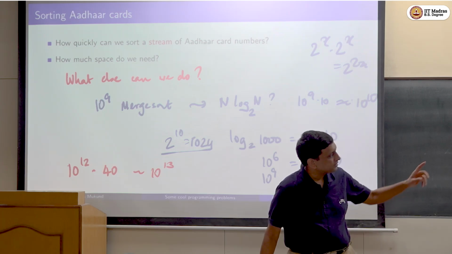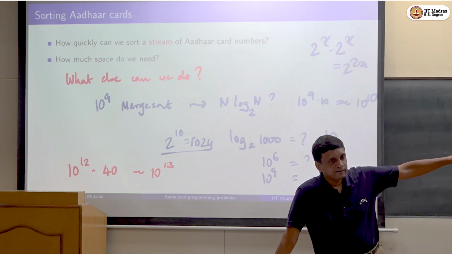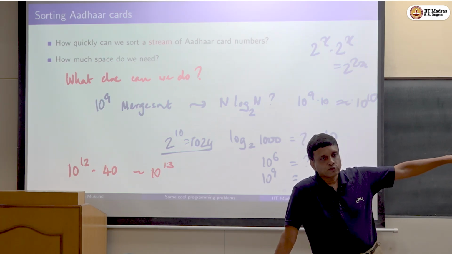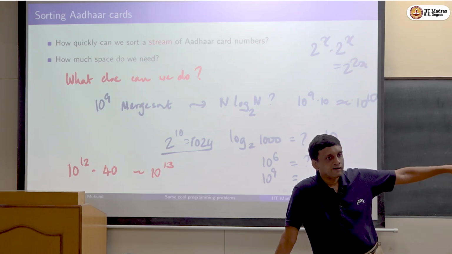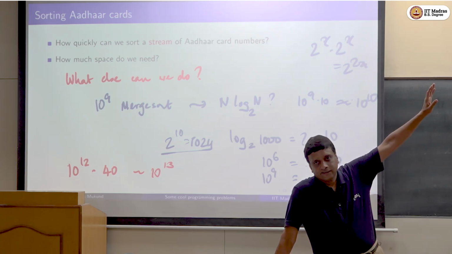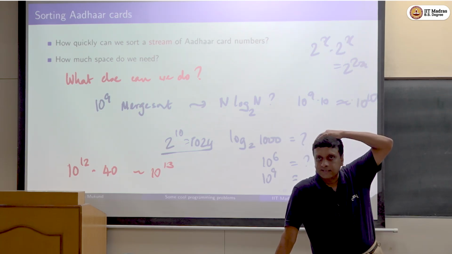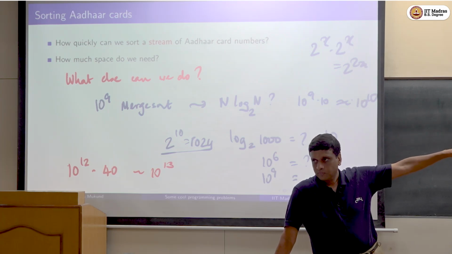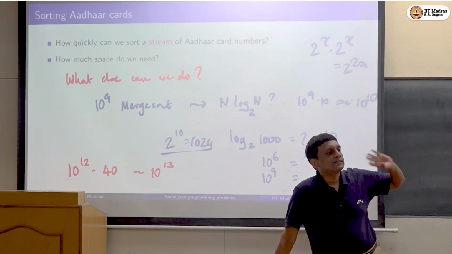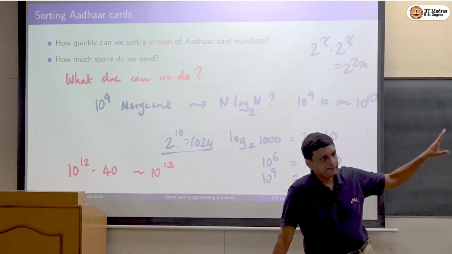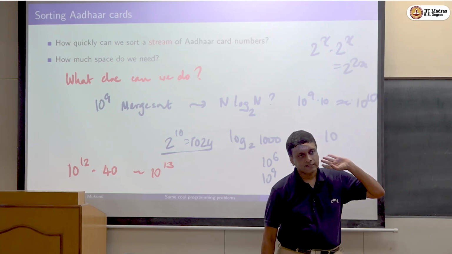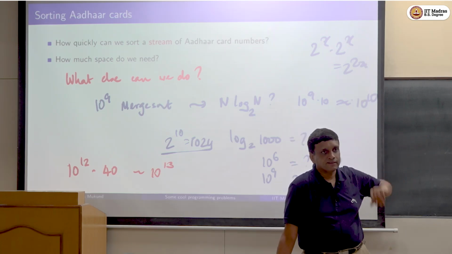So 10 to the 13 is already 1000 times 10 to the 10. So it's going to be 1000 times slower if we actually saturate our database of Aadhaar cards and use merge sort, right? So that is the situation that I want to try and avoid. Okay, so that's why I'm trying to ask whether there is a different way to do this.